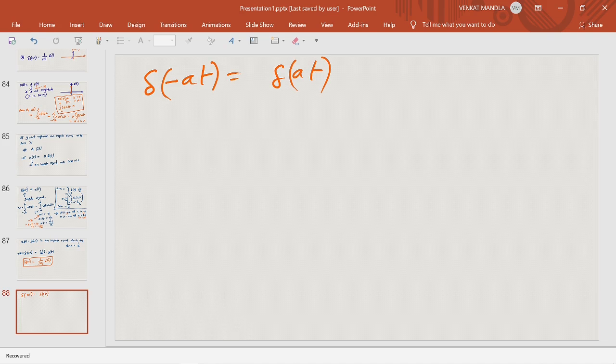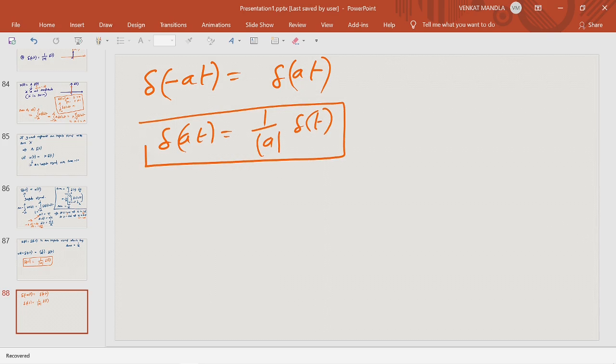Whatever a may be, positive or negative, del of minus at is also del of at. So del of at equals 1 by mod a times del of t. Important property, the first property.